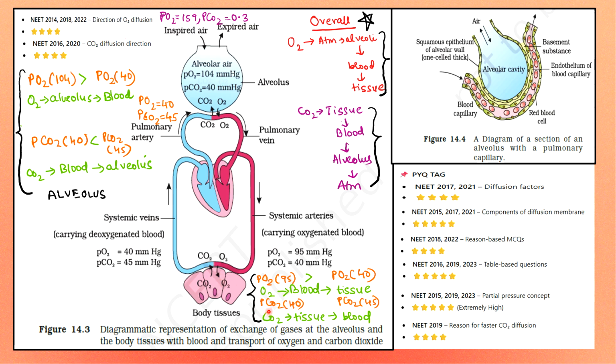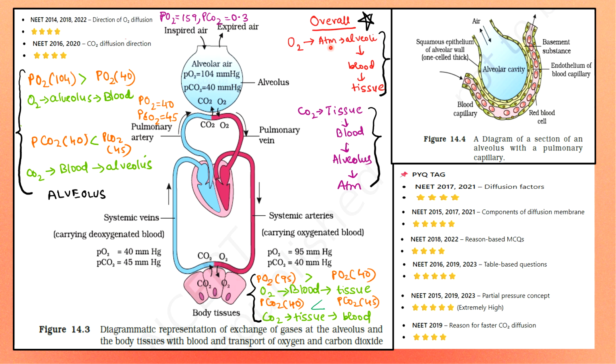And for carbon dioxide, if you see, the partial pressure of carbon dioxide in the systemic arteries is 40 and in the tissue it is 45. So 45 is more than 40. So carbon dioxide will diffuse from the tissue towards the blood. Okay, so at the tissue side, this is how the diffusion will take place.